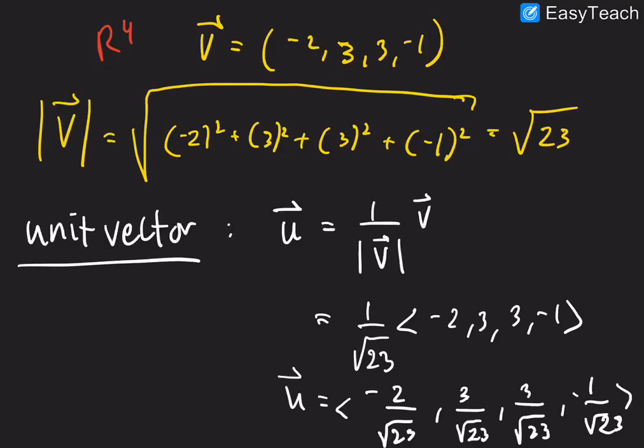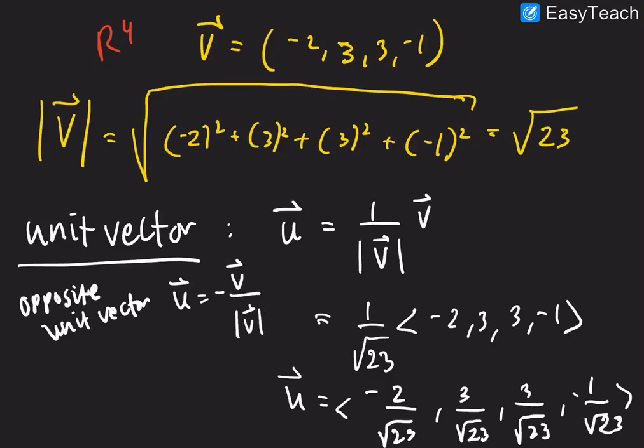I know one of the problems in the book asks for an opposite unit vector. Well, you would just find the unit vector like this, and we just add this minus.